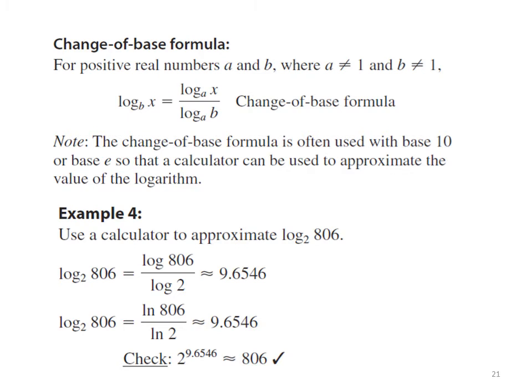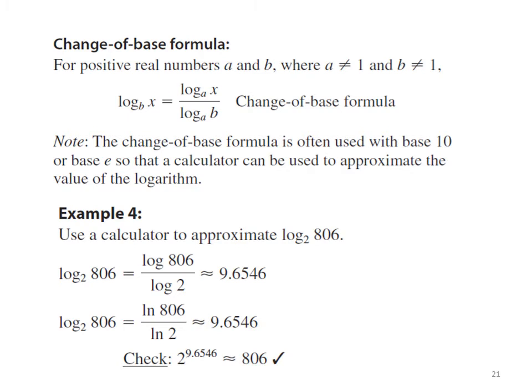Log 806 can be evaluated using a scientific calculator. Divide that by the log of 2. You should get approximately 9.6546. This is rounded to 4 decimal places.